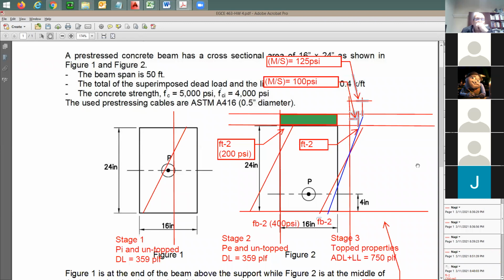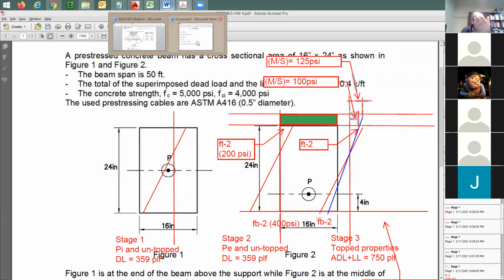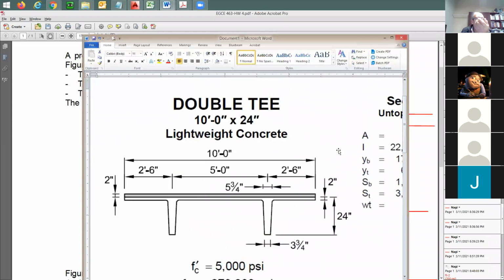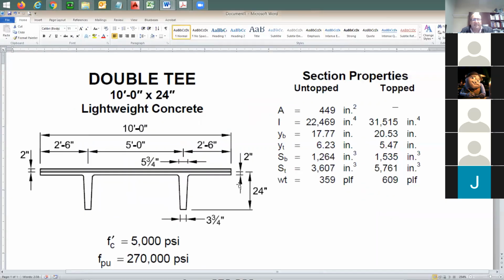No rectangular? Just double T-beams? What do you mean? I said it's going to be something like this, right? So what rectangular beam are you talking about? I mean, just the regular beams that we did for the homework. But it's just going to be like this.